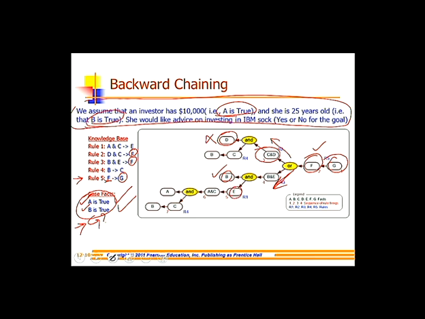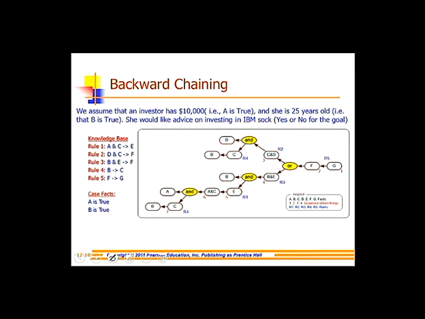So for E, again look for a rule in which E appears in the then part. It is rule number 1. E appears in the then part, and in the if part we have A and C. A is known, C is not known.